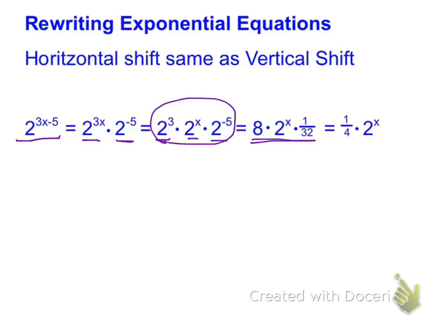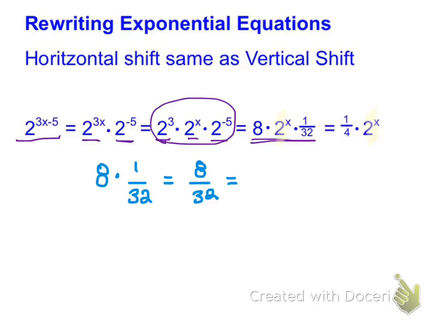So to move from here to the 1/4 times 2 to the x, you can see where we get the 2 to the x from, and that's from this part right here. But how do we get this 8 and 1/32 to become 1/4? That's with multiplication. When you multiply fractions, you multiply straight across.